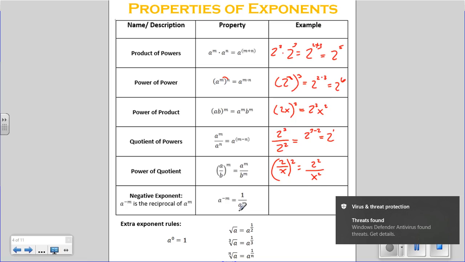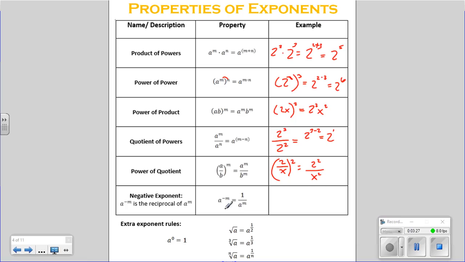The negative exponent rule simply means anytime you have a negative exponent, you can put a 1 over the number to the positive exponent. So if I have 2 to the negative second power, it's the same thing as 1 over 2 to the positive second power.